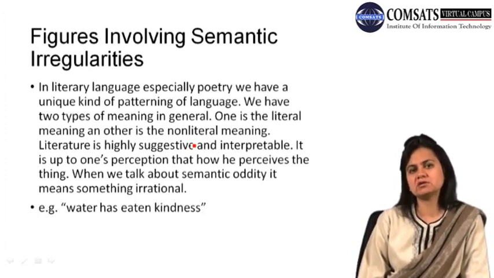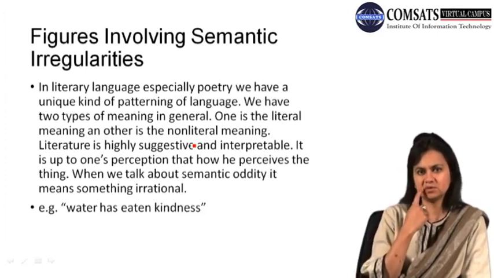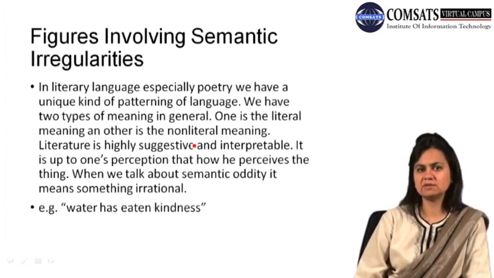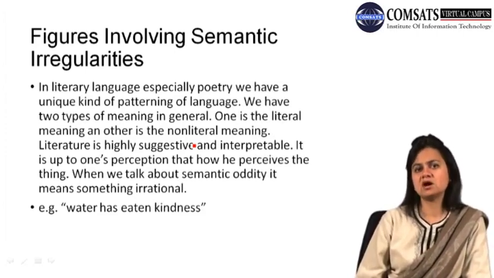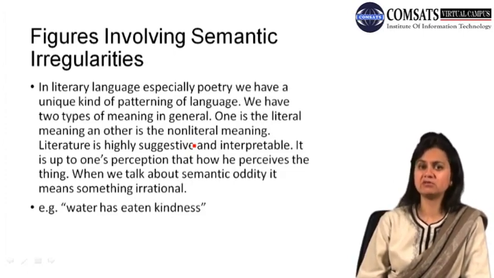For example, if a writer says that my love is a red, red rose. Now, instead of telling the name of the beloved, he's saying my love is the red, red rose. Or instead of saying how great, grand or superb his love is, he is making use of a metaphor. My love is a red, red rose.